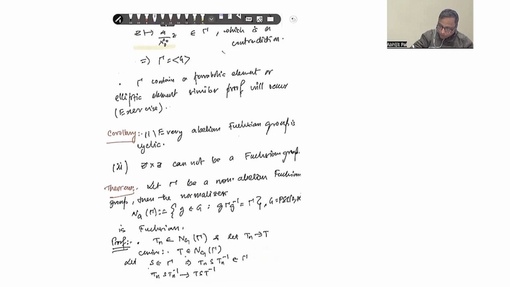This lambda naught is the infimum of all those mu such that mu is greater than 1 and z goes to mu z belongs to gamma.